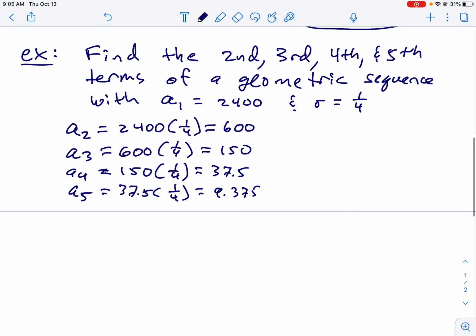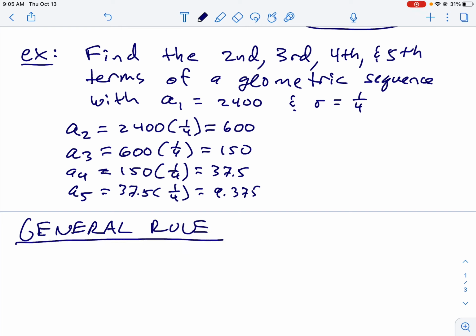And just like with arithmetic, here's the general rule for geometric. So we have a sub n. Okay, and maybe you can figure this out, but we started by taking our first term, which is 2400, right?